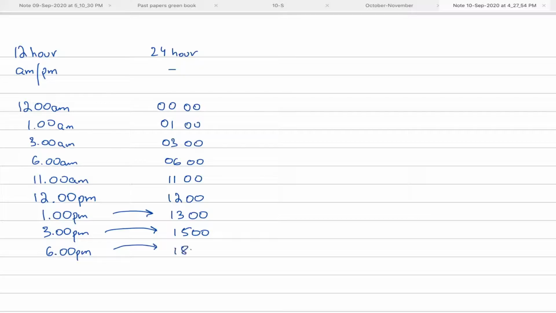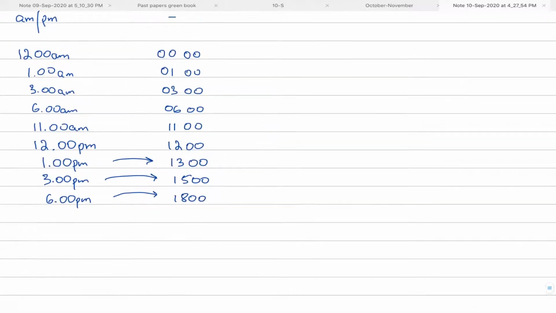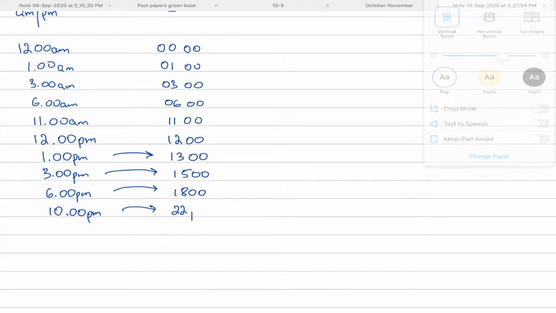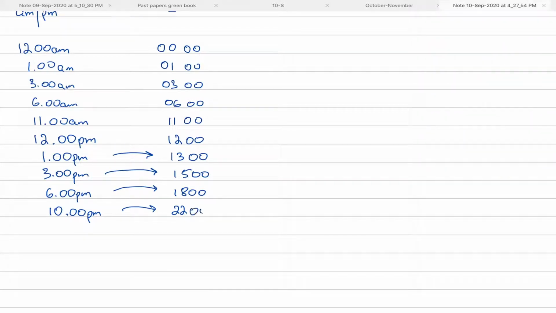That's 18, so that means in 24 hours this is going to be seen as 1800. And then let's say you have 10 PM, so this in 24 hours is going to be 2200. Oops, sorry, 2200. And then at 11:59 PM in 24-hour clock, this is going to be 23:59.